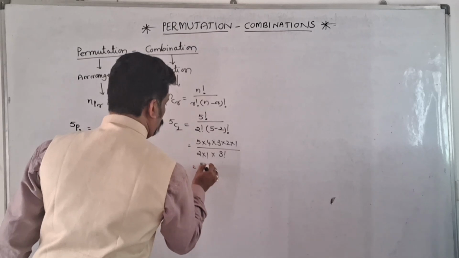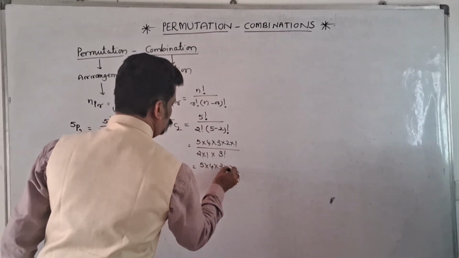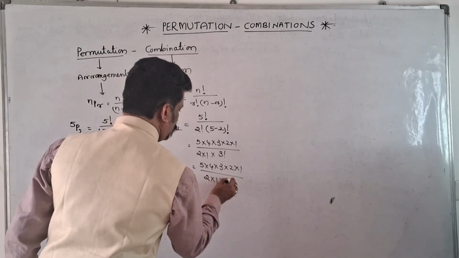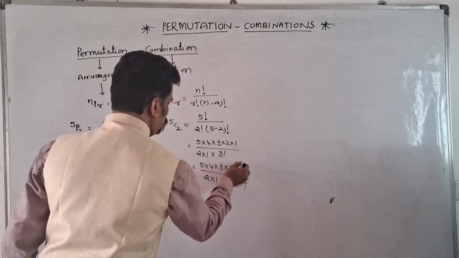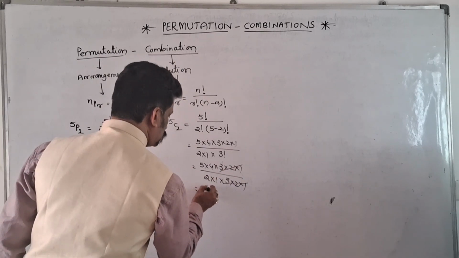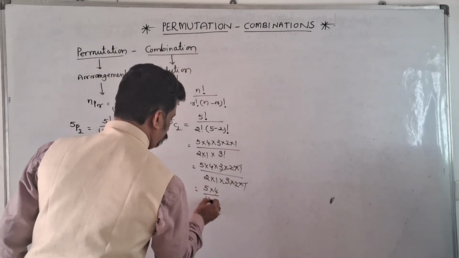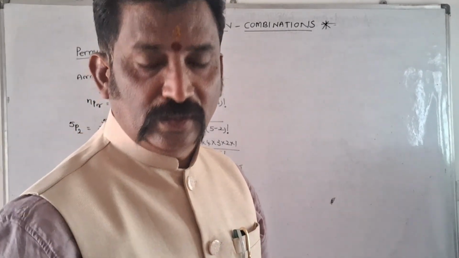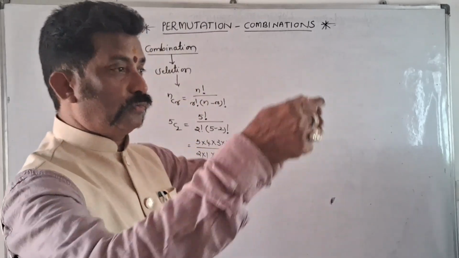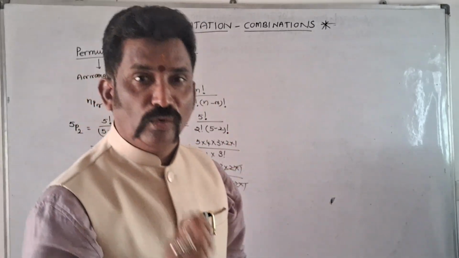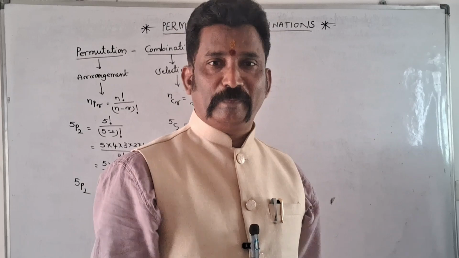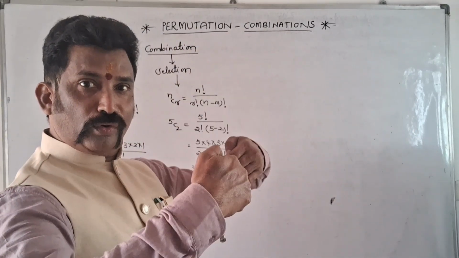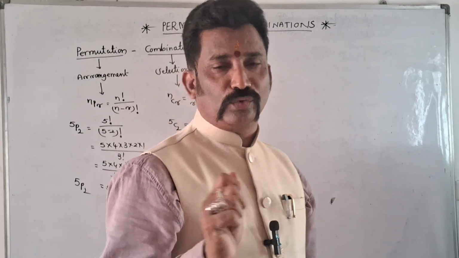So this is equal to 5 into 4 into 3 into 2 into 1 by 2 into 1 into 3 factorial, which is 5 into 4 into 3 into 2 into 1 by 2 into 1 into 3 into 2 into 1. This cancels. The conclusion: 5 into 4 by 1 into 2. With respect to my opinion, 5C2 is equal to 5 into 4 by 1 into 2. That's it. I repeat, 5C2 is equal to 5 into 4 by 1 into 2.